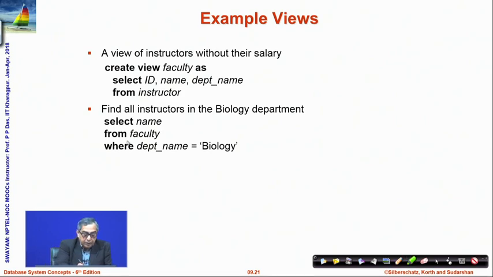You can see that we are doing from faculty. This actually is a view, but it behaves as if it is a relation. So, from faculty we are trying to find out the names of all those faculty who belong to the biology department. What will happen when I want to execute this query? This will refer to this view.